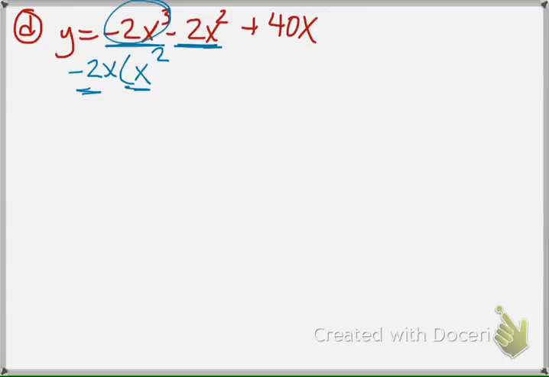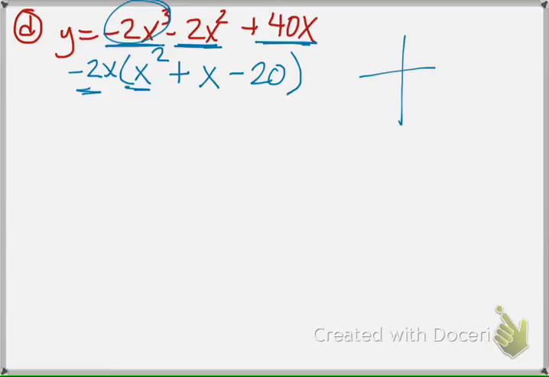Plus, right? Because a negative divided by a negative is a positive, and it's a 1x. And if I factor out a negative 2x from here, what do I have left over? Negative 20, and that's it. So please remember that we are basically dividing. 40 divided by a negative 2, negative 20.